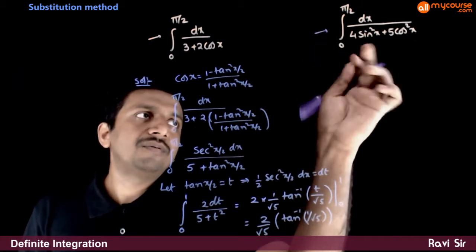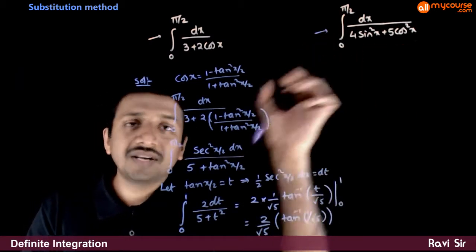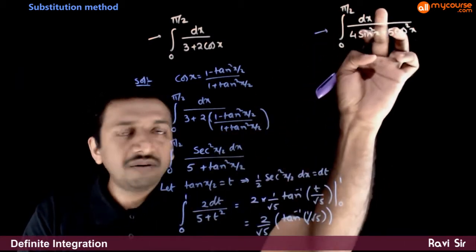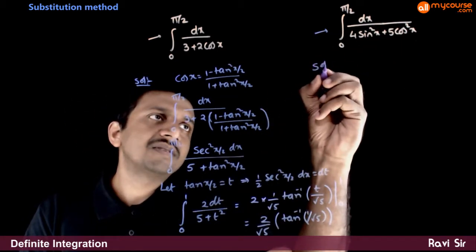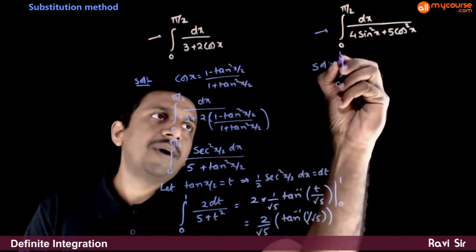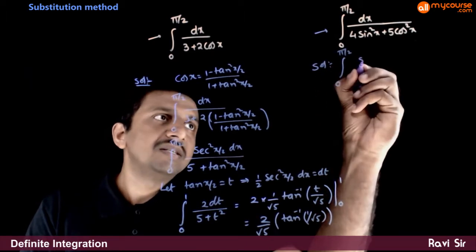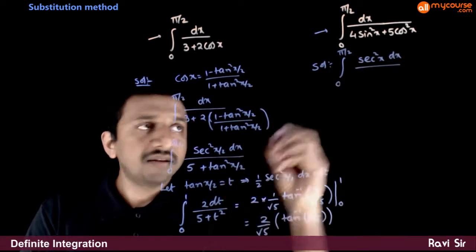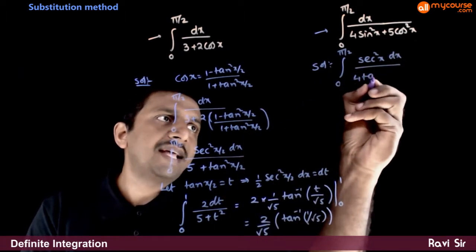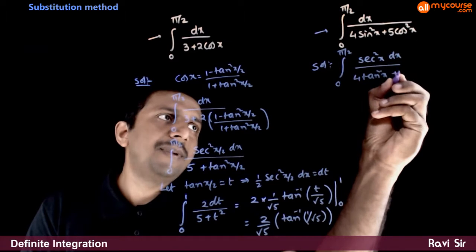Next, if you go for the second integration, this is also a standard model. You just need to divide numerator and denominator by cos square x. So this becomes integration 0 to pi by 2 secant square x dx divided by 4 tan square x plus 5.